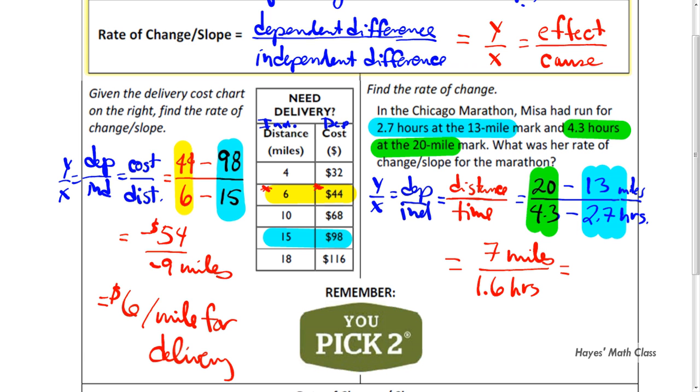You get 4.375. And again, now notice up here, here's the beautiful part. There's your label. Wow, you can't see that. Bad move. Apologize. I'll just circle it. 4.375 what? Miles per hour.